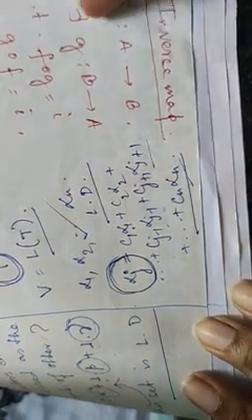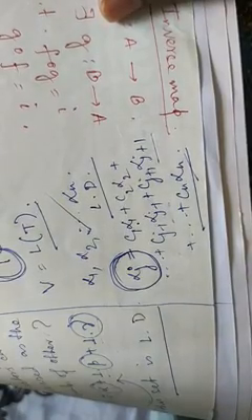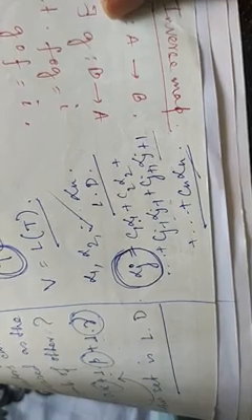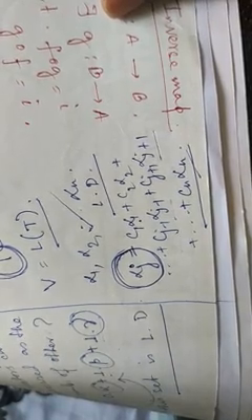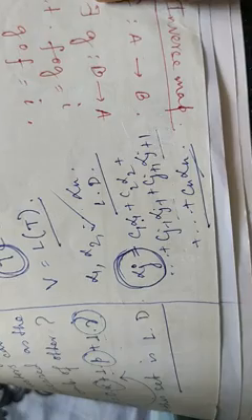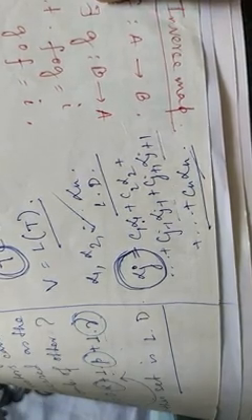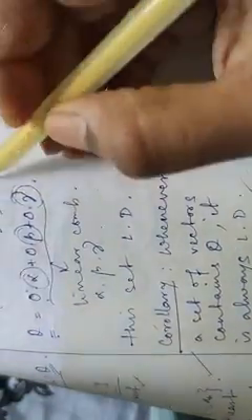I will give the detailed proof in another video. In this lecture, we only focus on the problem solving part. I am only discussing the theorems and their applications. The proof of the theorem will be in the next lecture.